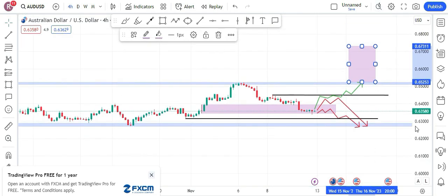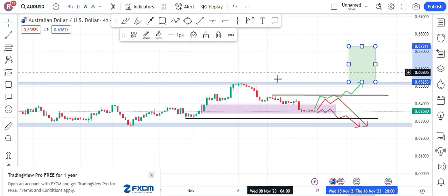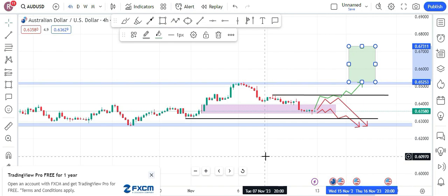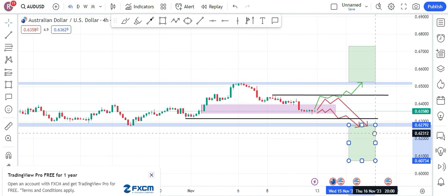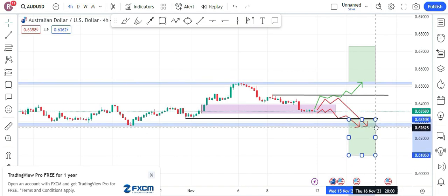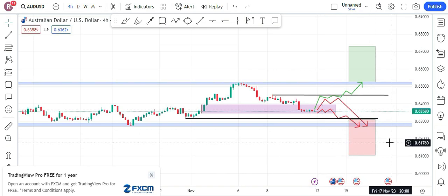Let's put it in perspective. It should be black. No, it should be green, and the bottom line should be black. And at the same time, if it breaks this black one, I think this is the zone where we will see the price start coming. So that's all for the time being for AUD USD. Watch the pair, but it is confusing at the moment.